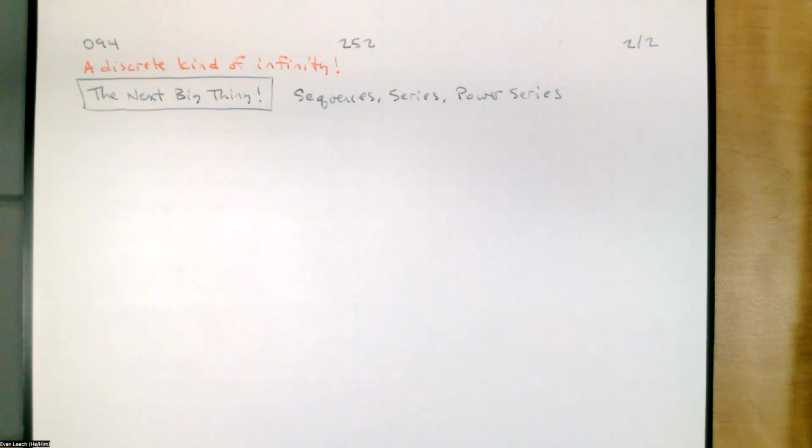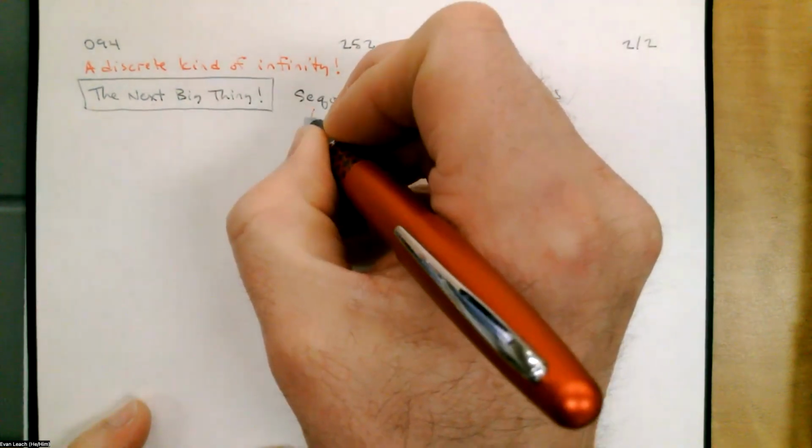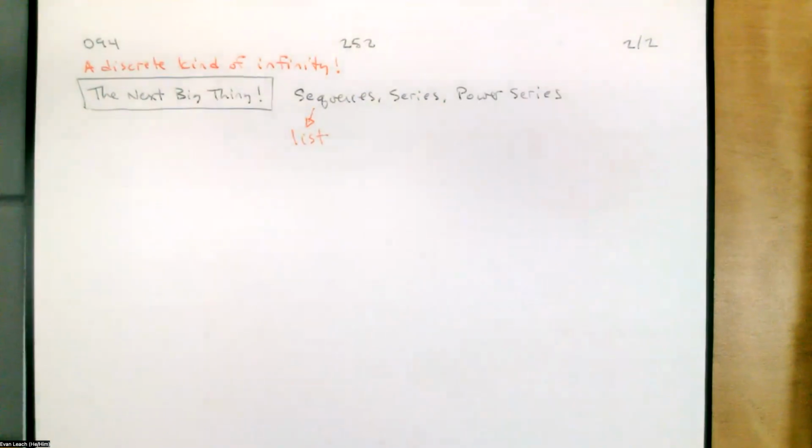Let's go over the one-word definitions of sequence, series, and power series. A sequence is just a list.